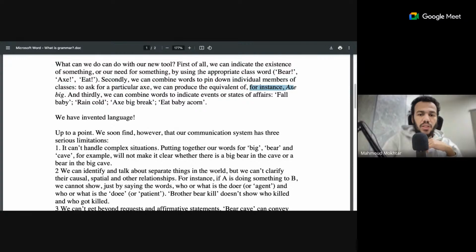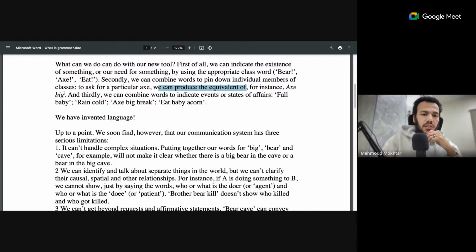So the first thing we did: we indicate the existence of something or our need for something, by using the appropriate class word. Second thing, combine words to pin down individual members of a class. To ask for a particular X, we produce the equivalent of, for instance, X big.